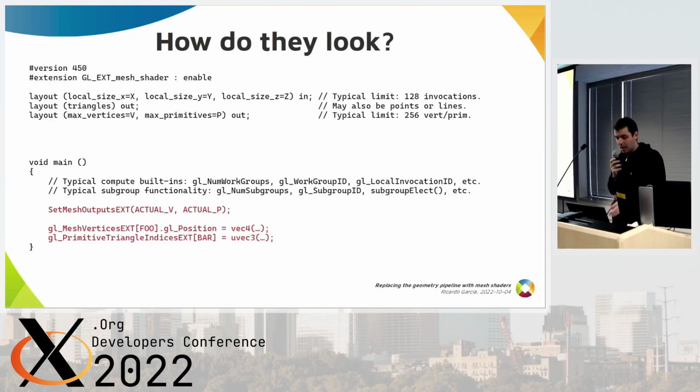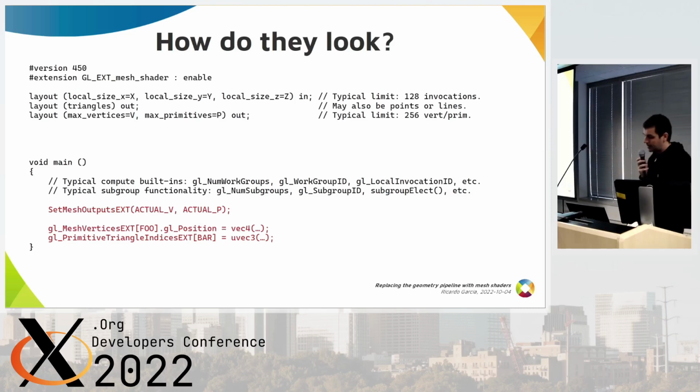Mesh shaders output indexed geometry, like when you use vertex and index buffers together. So you need to write data for each vertex to an output array and primitive indices to another output array. Typically, each invocation handles one position or a chunk of those arrays, and so they cooperate together to fill the whole thing.